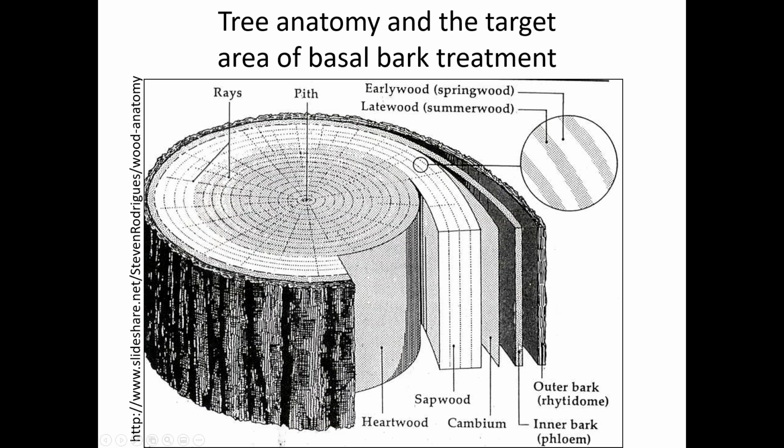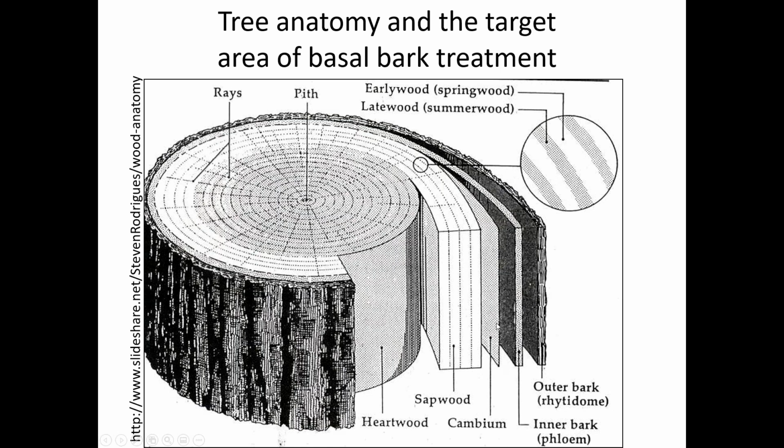The inner bark, also called the phloem, is that conducting tissue that transports photosynthates produced in the leaves throughout the plant to the sinks, those areas where growth is occurring, in a source-sink relationship. So it's where the sugars are, it's how the energy gets moved in the tree.